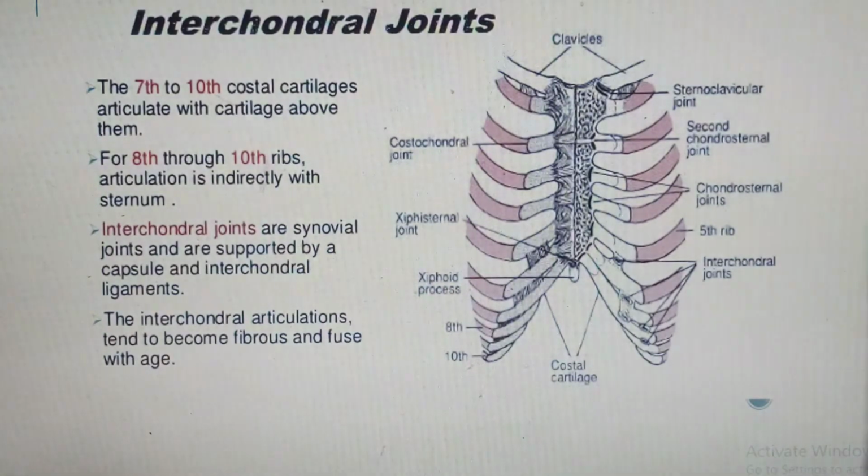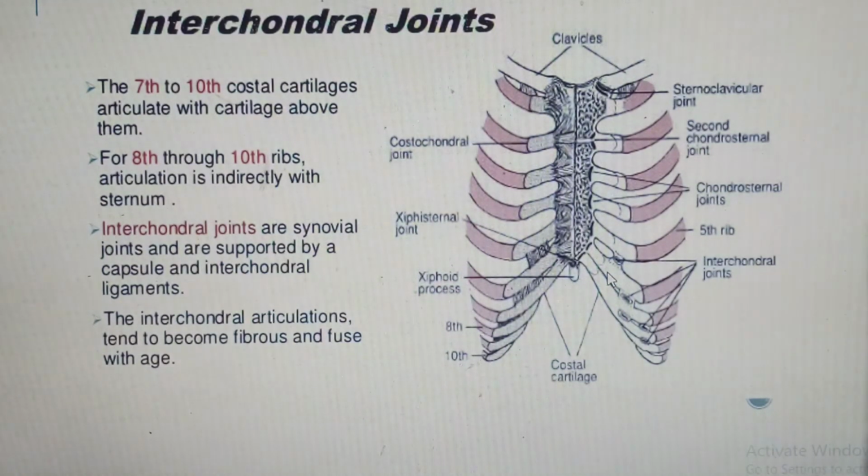Now, apart from that, there's a connection between some of these costal cartilages which do not directly attach to the body of the sternum, and those form the joint that we call the interchondral joint. Chondral has to do with cartilage; in between those cartilages, there will be an interchondral joint. Surprisingly, this type of joint is also a plain synovial joint, which means there is going to be a joint cavity between them.